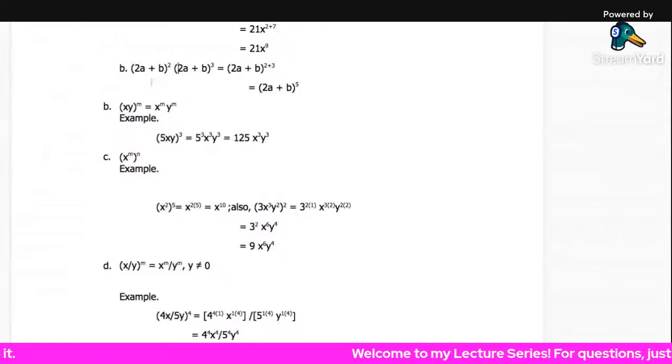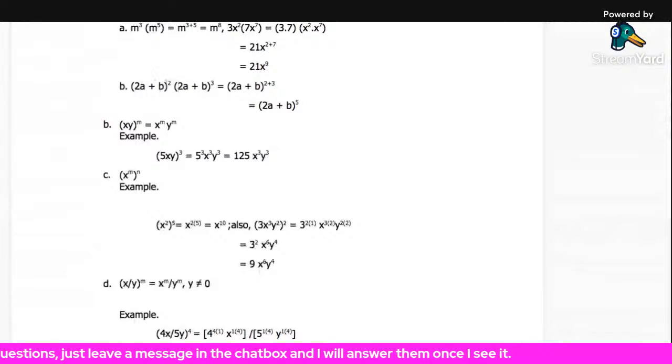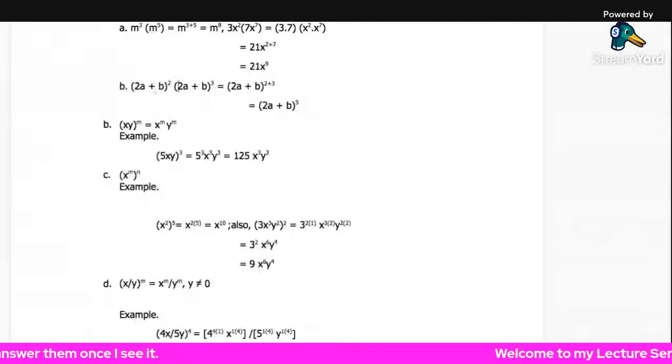It's a different story if, for example, we have 2a plus b. Do not be confused of raising the quantity 2a squared plus b squared. That's not the case because the operation here is addition. You can only do that if the operation is multiplication.